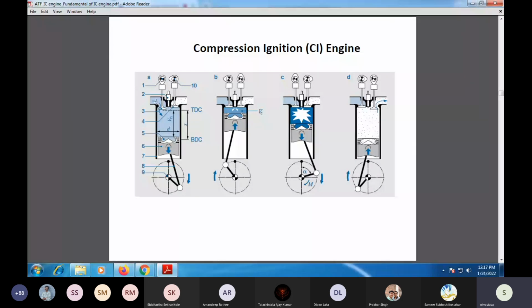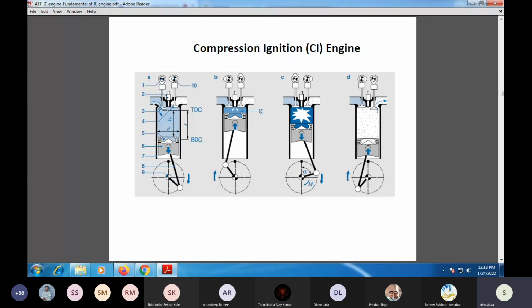As we have already discussed, in the diesel engine there is no throttle plate in the intake manifold as in the spark ignition engine. So the air flows in the intake manifold without any restriction. We can assume the intake manifold pressure is close to atmospheric pressure if we neglect any losses.